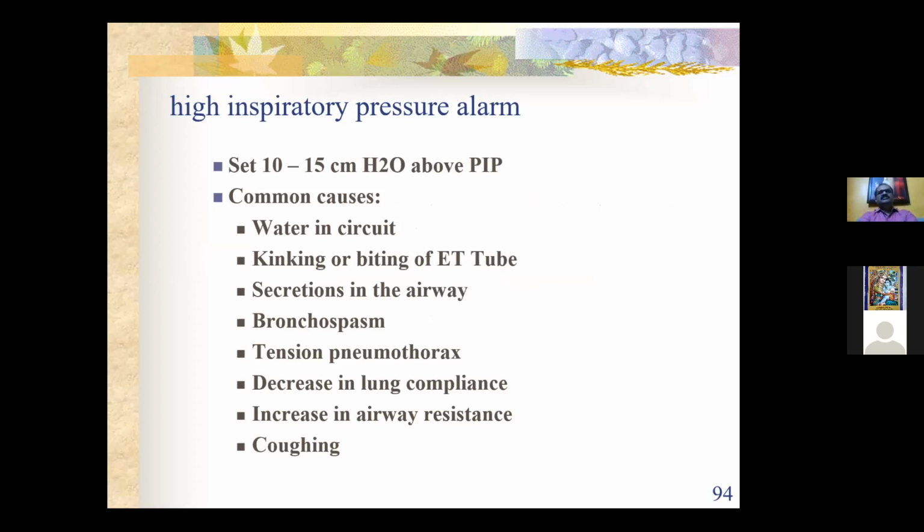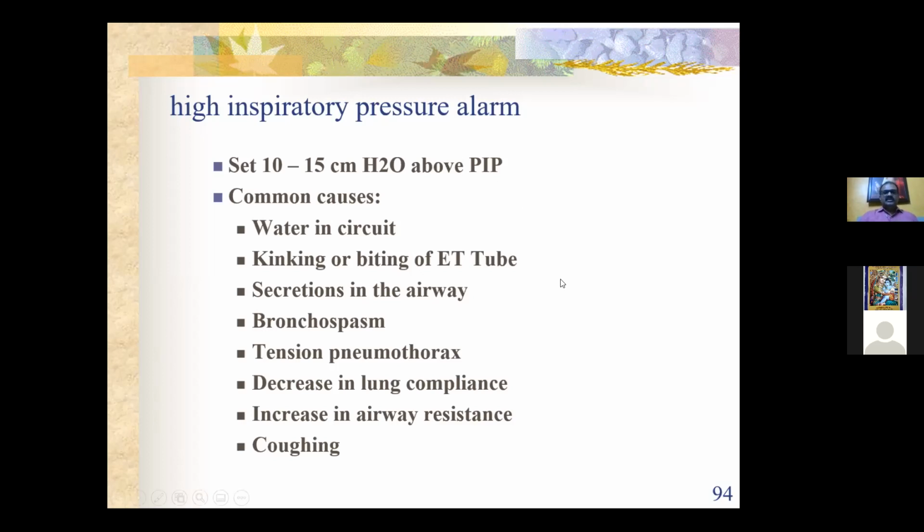You should keep the alarm of the peak inspiratory pressure 10 to 15 centimeters above the peak inspiratory pressure shown in the ventilator. So if the pressure goes up by 10 or 15 above the peak inspiratory pressure, that is desirable, then the alarm should be happening. Common causes are water in the circuit, kinking, or the patient sometimes bites the tube, there will be secretions, bronchospasm, pneumothorax.